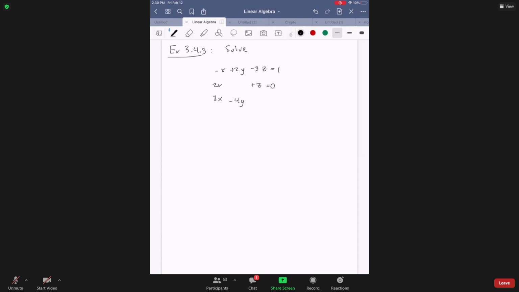So that's a 2x plus 4z equal to 2. This thing right here is a 2x. Let's solve for x in this equation, using Cramer's rule.